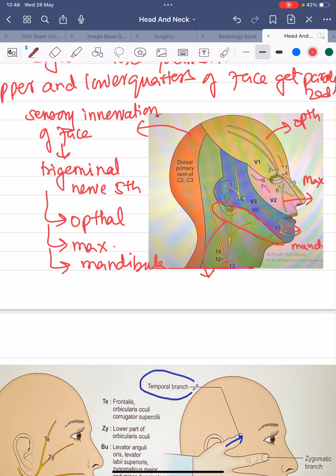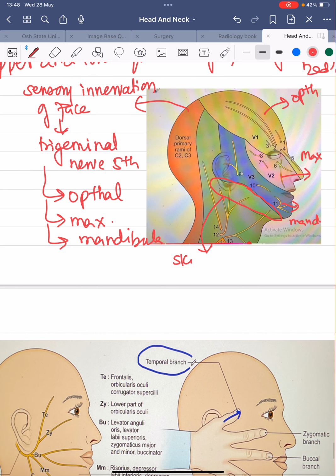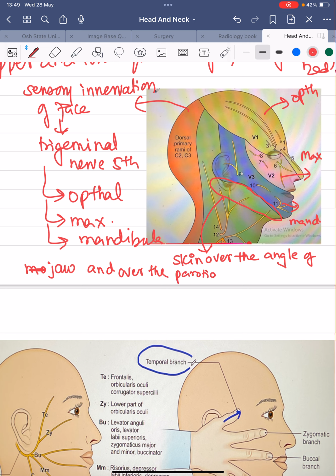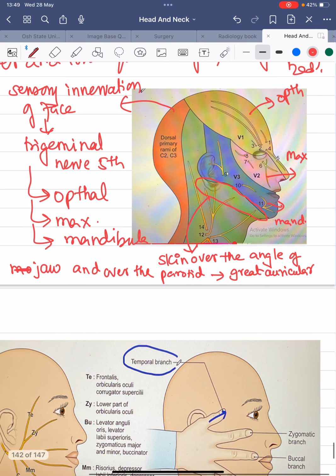Please remember, the skin over the angle of jaw and over the parotid gland is supplied by the great auricular nerve. This is your potential MCQ, please remember it.